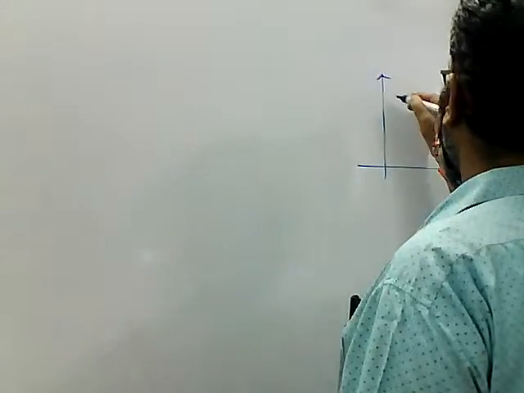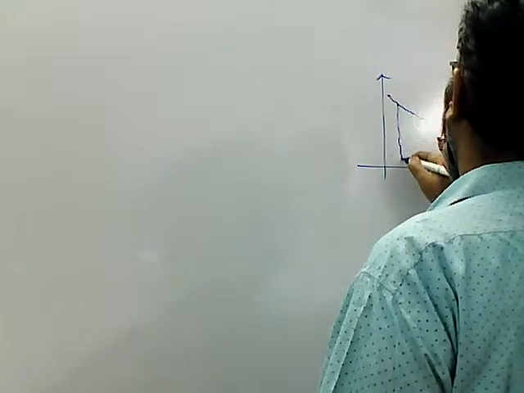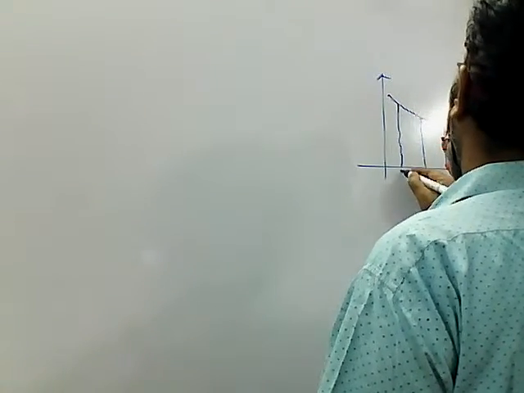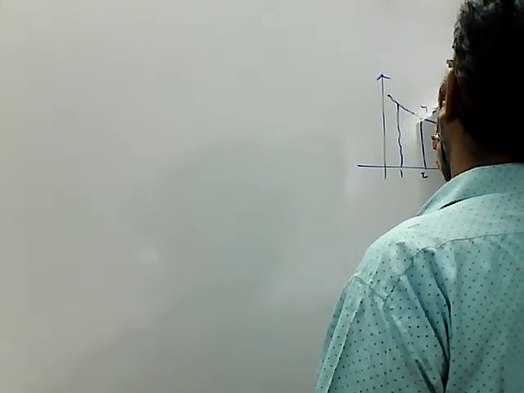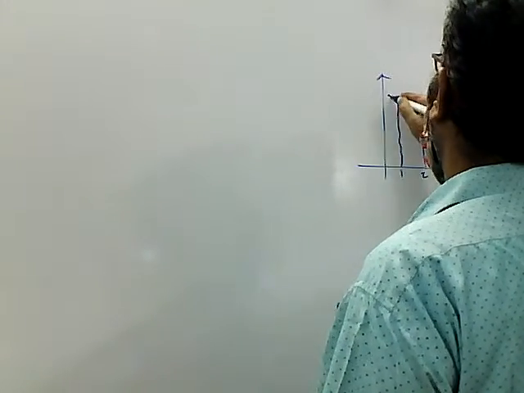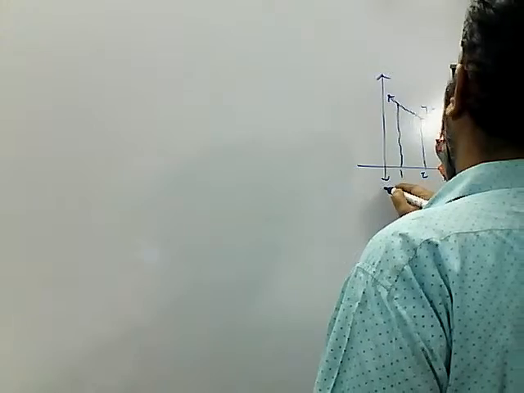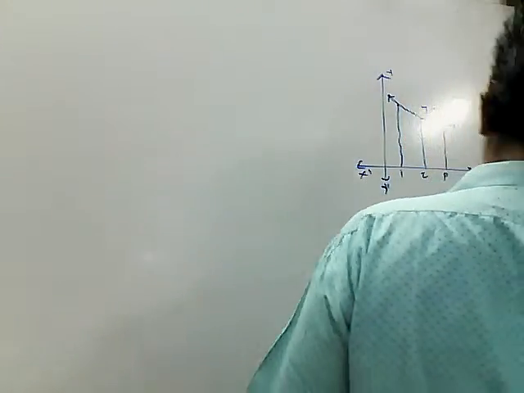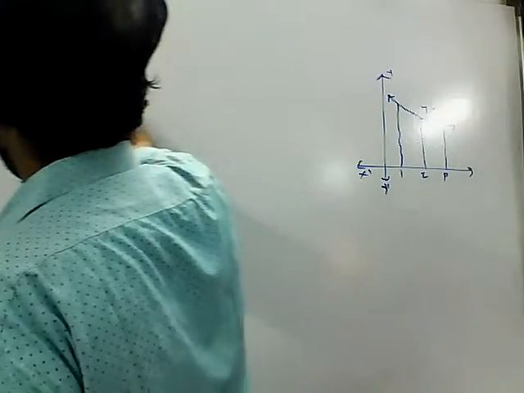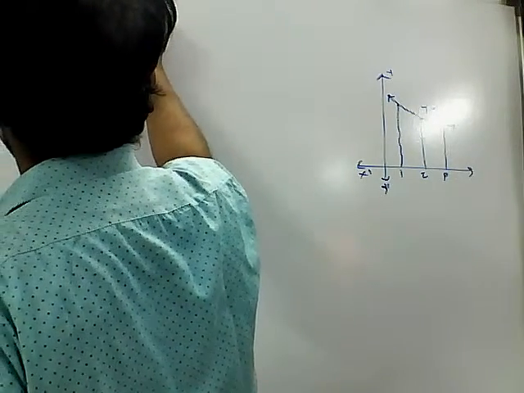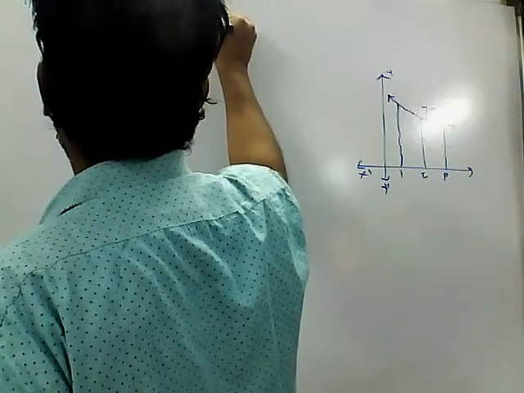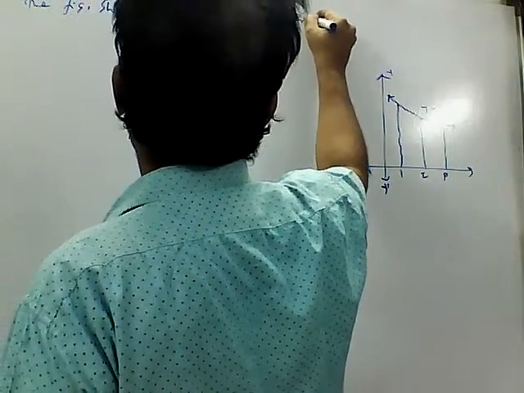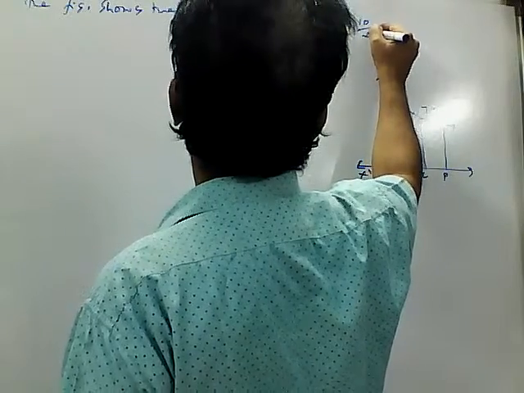There is a figure already given here. See here, 10 by x square, 1, 2, p. The figure shows the part of the curve y is equal to 10 by x square.